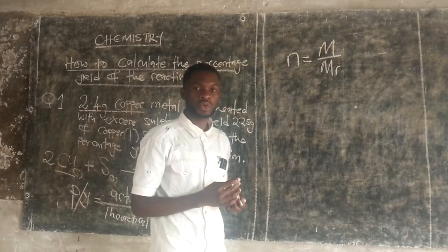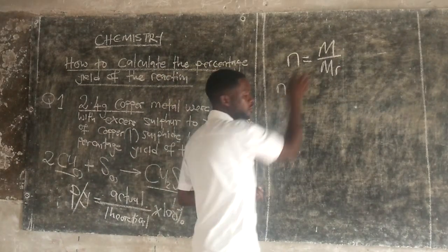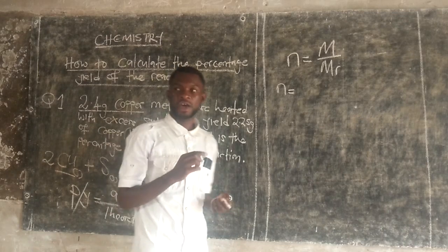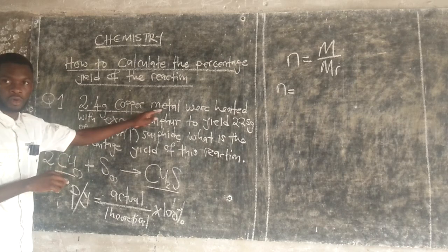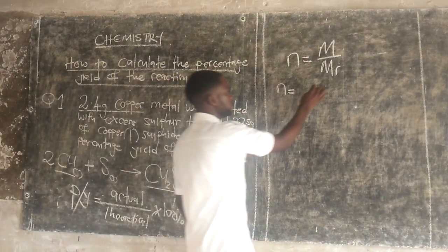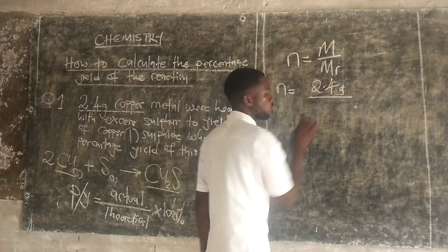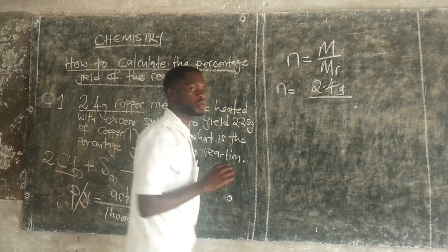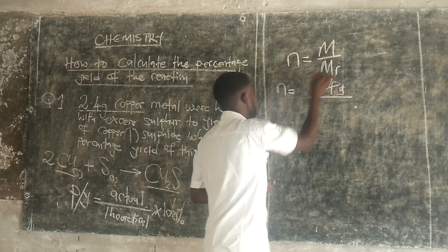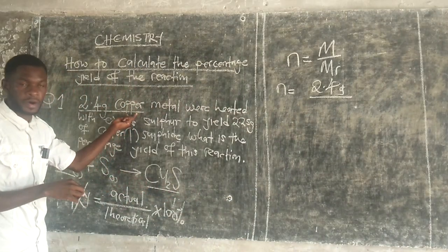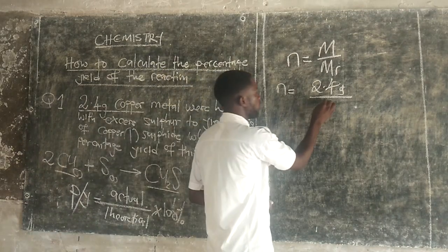So the number of moles is equal to the mass of copper, which we have been given as 2.4 grams of copper metal, over the mass number for the same element, copper, which is stated on the periodic table.